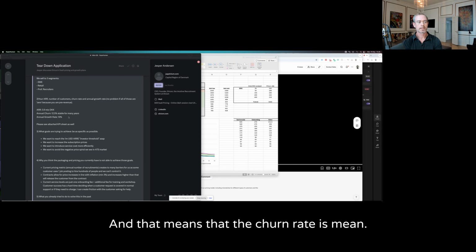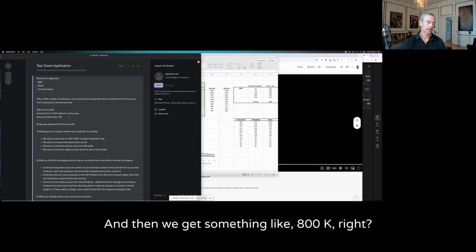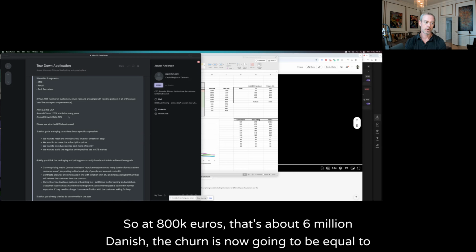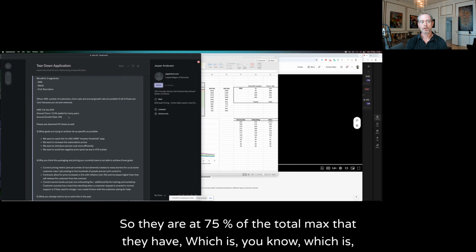And that means that the churn rate is, so we divide 50k euros, the added revenue, by the churn rate, and then we get something like 800k, right? So at 800k euros, that's about 6 million Danish. The churn is now going to be equal to the new business, right? So they are at 75% of the total max that they have, right?